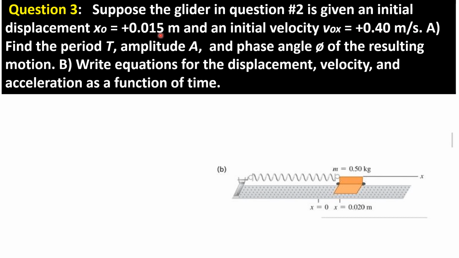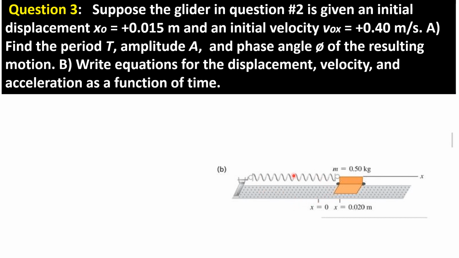Question A: find the period T, the amplitude A, and the phase angle phi of the resulting motion. Question B: write equations for the displacement, the velocity, and the acceleration as a function of time. This sketch was already shown earlier when we were discussing question number 2.